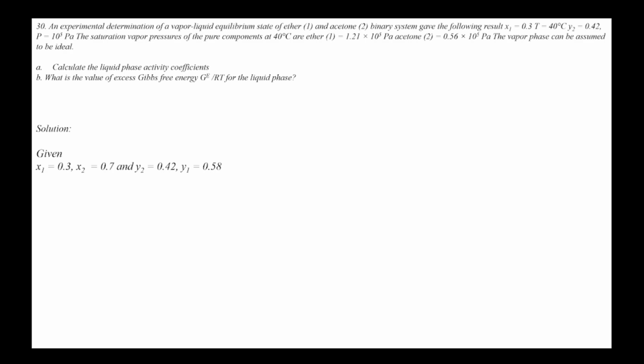Total pressure 10 to the power 5 Pascal. Saturation vapor pressures of the pure components at 40 degrees Celsius, or P sat, we have for both of the components. The vapor phase can be assumed to be ideal. Okay. That means the fugacity coefficient is 1. Calculate the liquid phase activity coefficients. What is the value of excess Gibbs free energy, that is del G upon RT for the liquid phase?